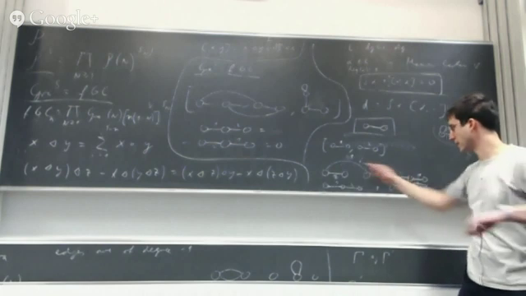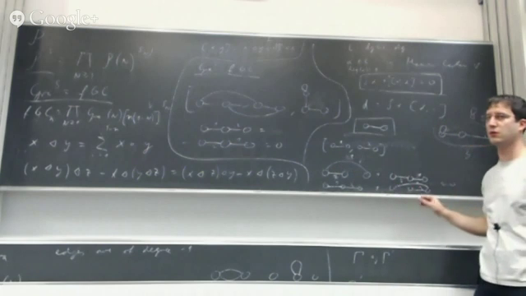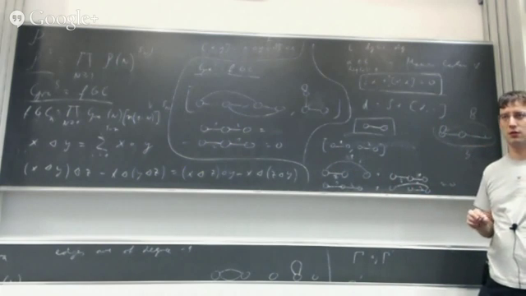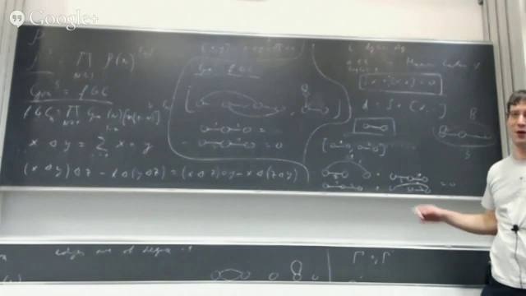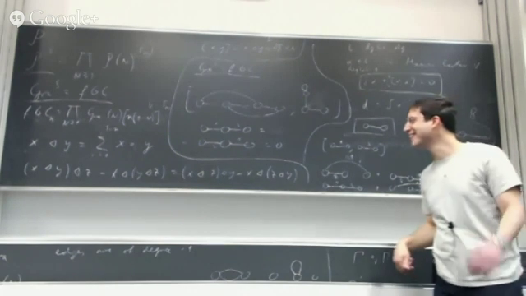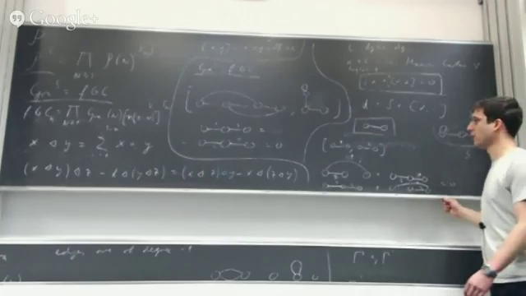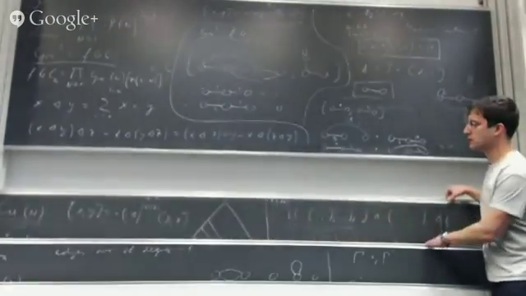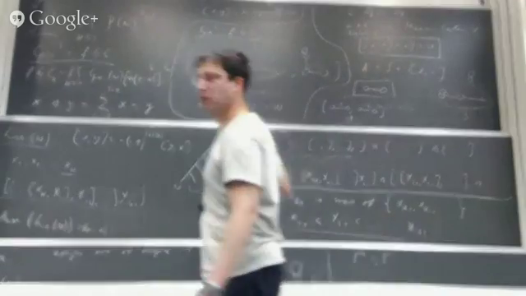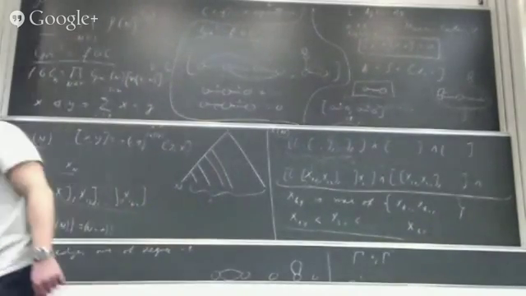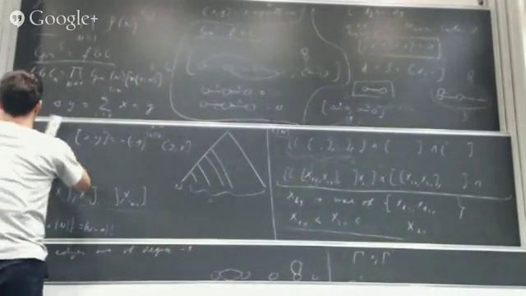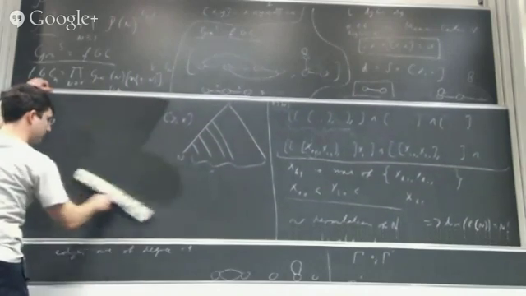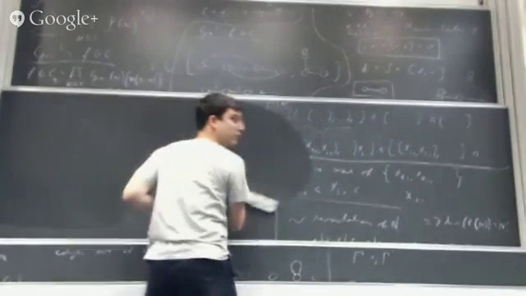So whatever I get here, this is 0, plus another copy of 0. Okay, and now maybe it will be interesting. No, it's 0 divided by 2.